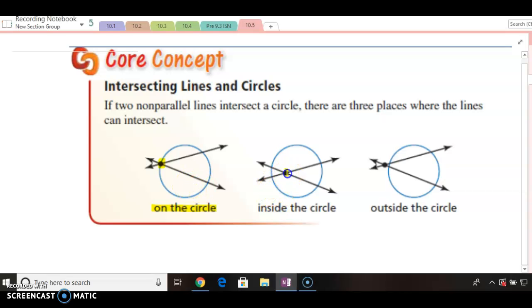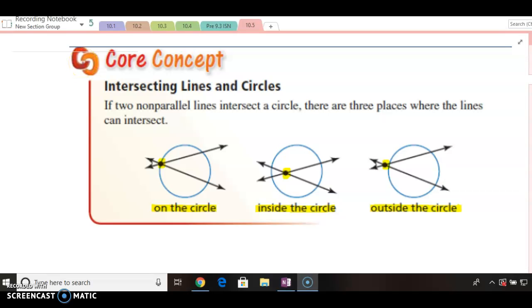They could intersect inside the circle, which you'd have this here. So this point of intersection is inside. Or they can intersect outside the circle. Now these can look a lot different within themselves, but they have to intersect either on the circle, inside the circle, or outside the circle, and where they intersect determines which equation you would use to find things.